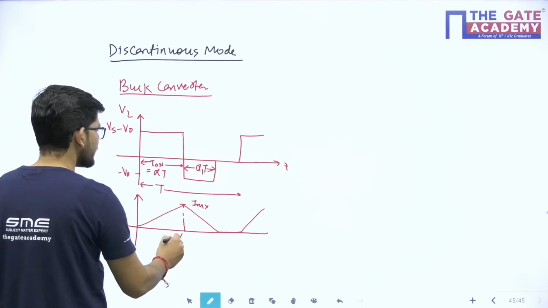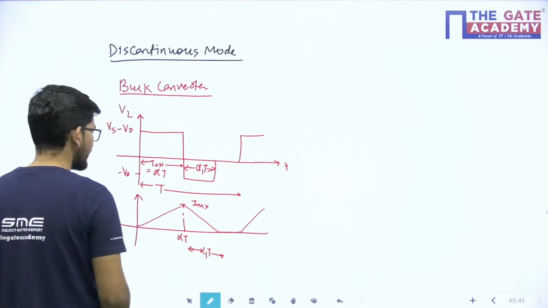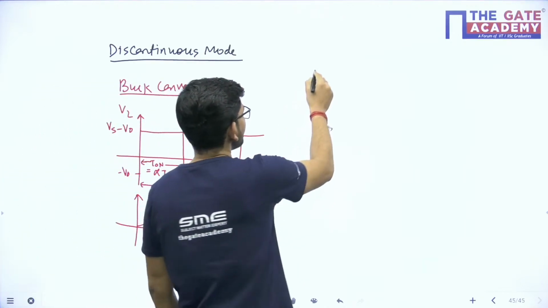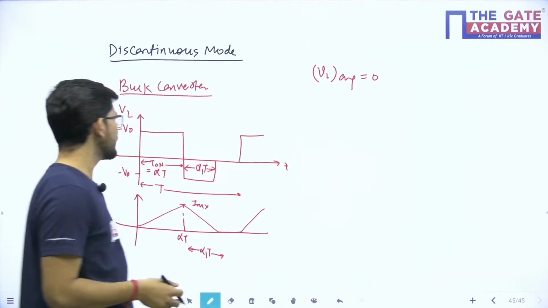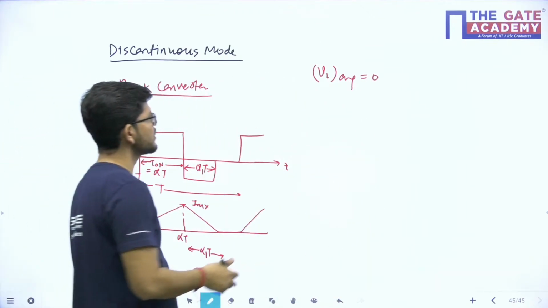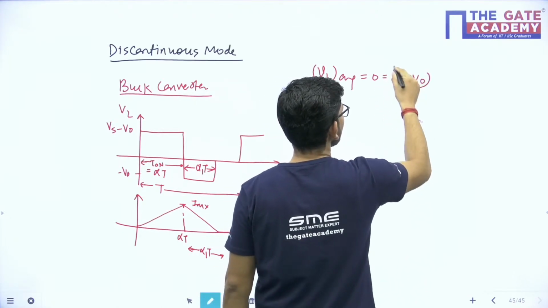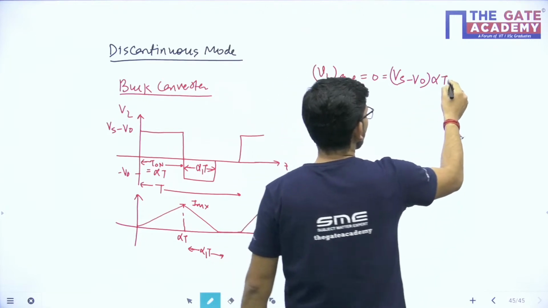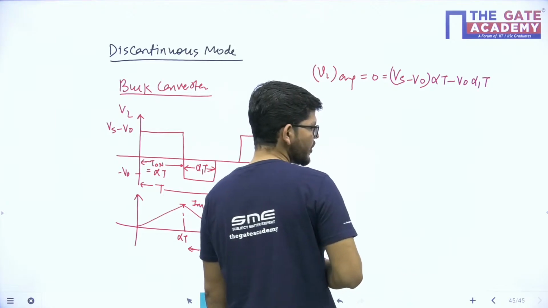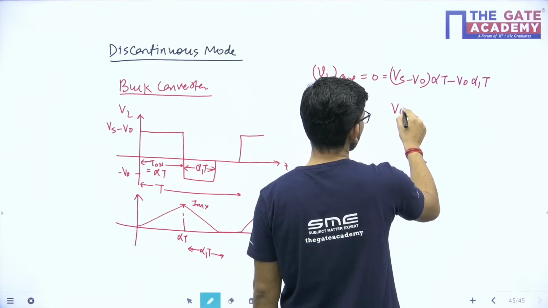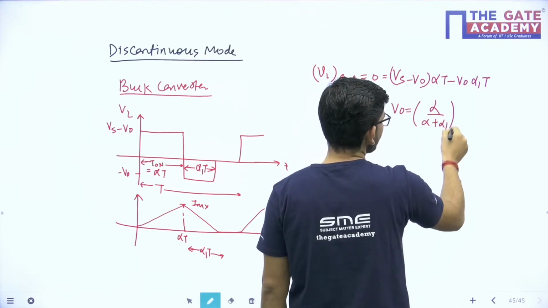This is alpha T, and this duration is alpha 1 T. If I apply the condition VL average equals 0, just equate the volt-time area and you will get (Vs minus V naught) into alpha T minus V naught into alpha 1 T. If you solve this, you will get V naught equals alpha upon (alpha plus alpha 1) times Vs.